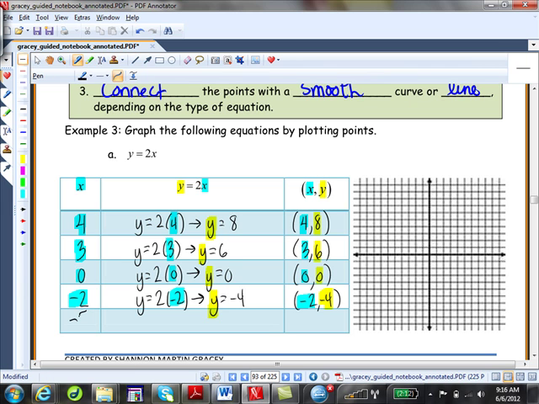And one more, maybe -5. So y equals 2 times -5. Y will be -10. So we'll get our ordered pair of -5, -10.